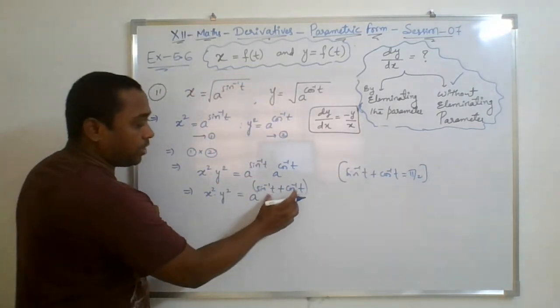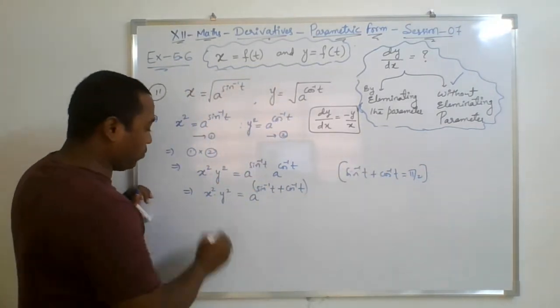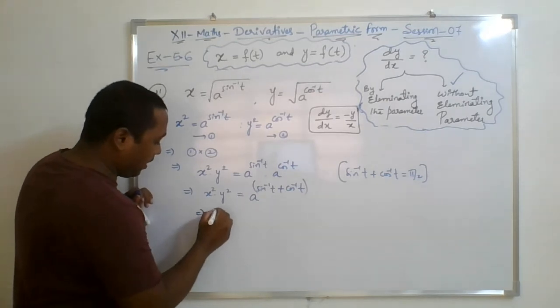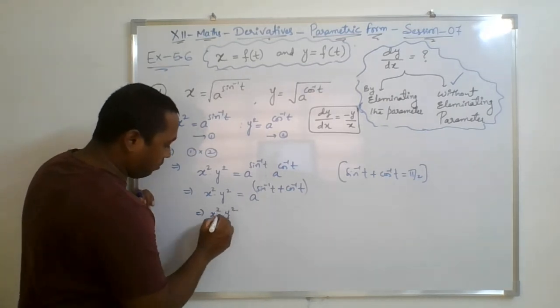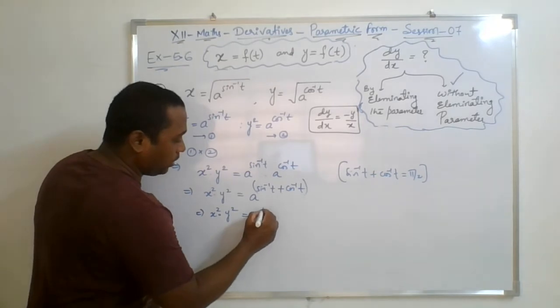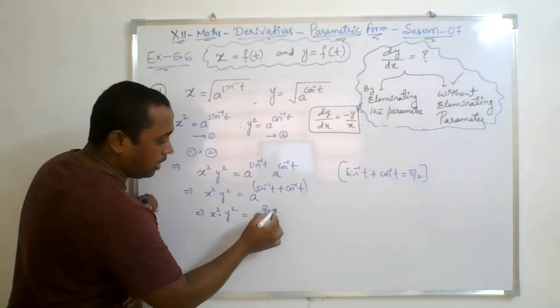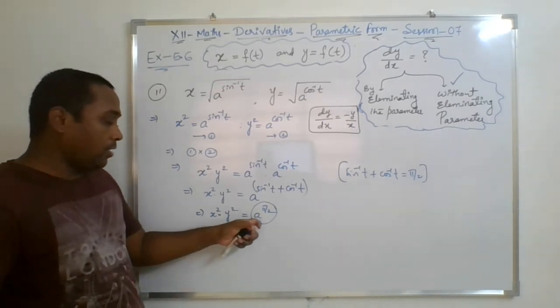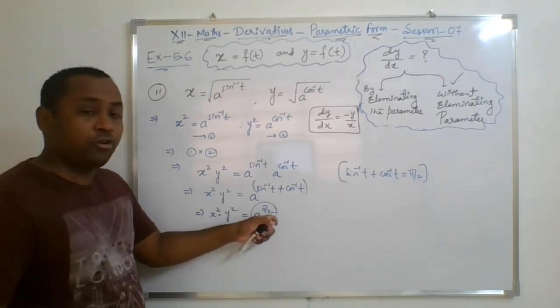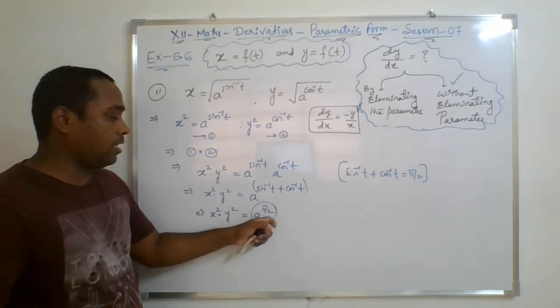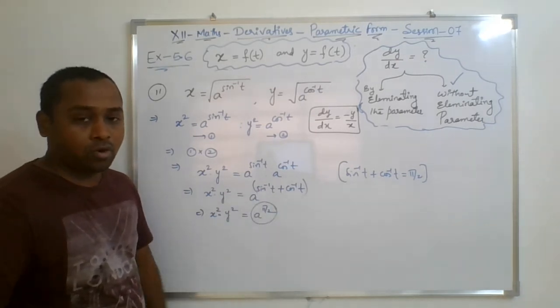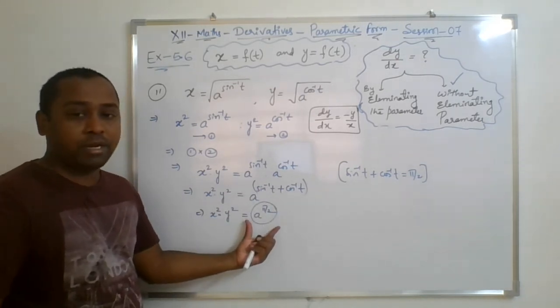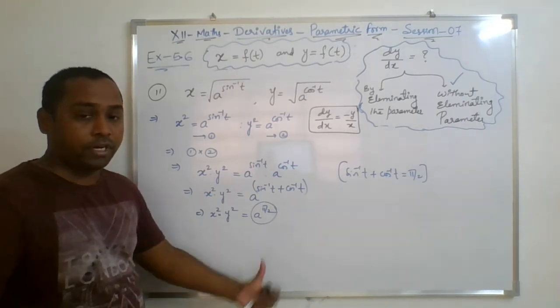Hence this reduces to pi by 2. Hence I would say x square into y square equals a to the power of pi by 2. Hence this completely becomes a constant. a is already a constant, pi by 2 is a constant, hence the total becomes a constant whose derivative becomes 0 in the next step.